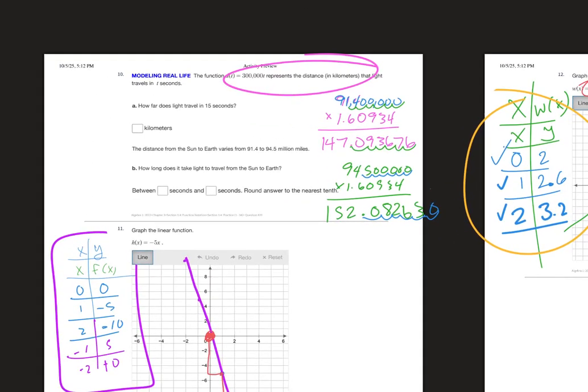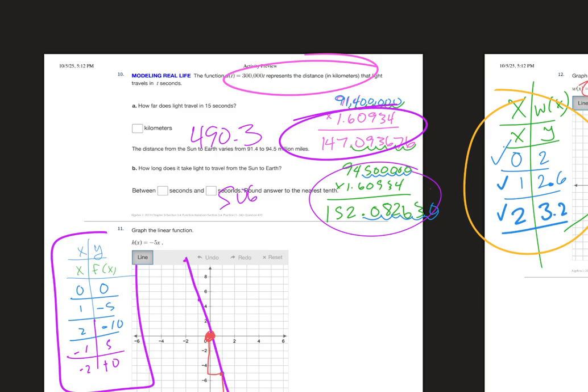So how long does it take light to travel from the sun to Earth? We're just going to take this and divide it by 300,000. Take that, divide it by 300,000. Let me do that. Well, it would appear that now I'm too accurate because this ends up being 490.3, and because you round to the nearest tenth, this one would be 506.9, and again, I've rounded.